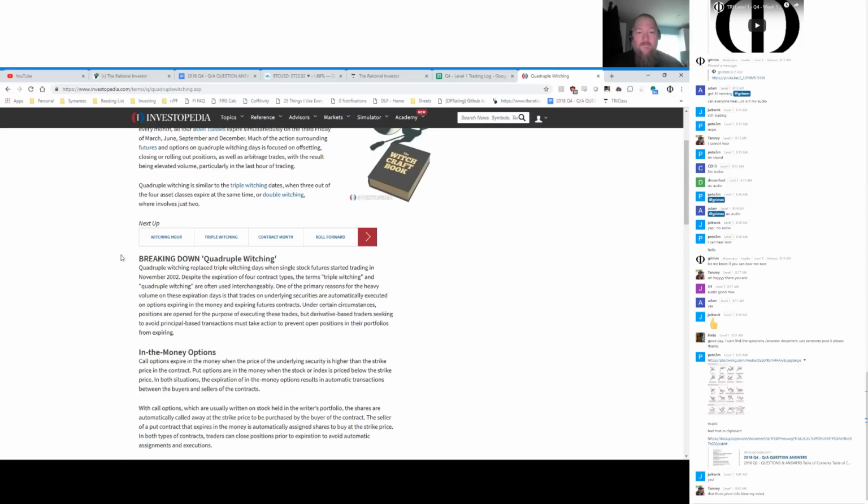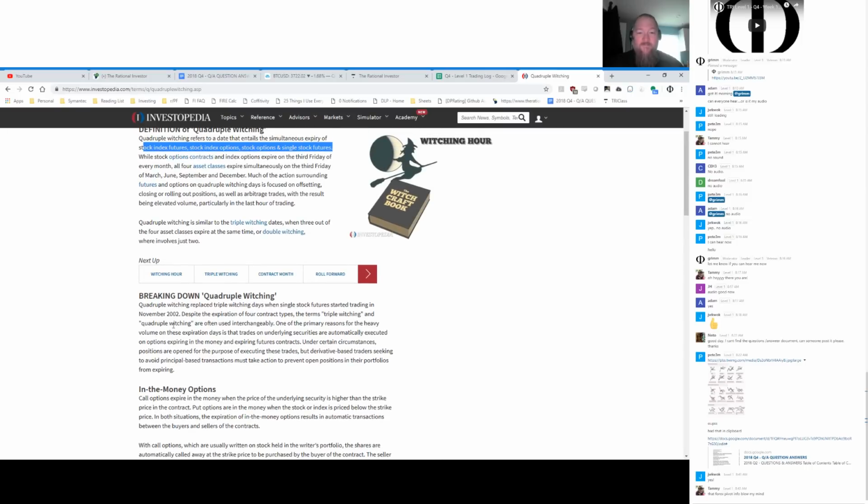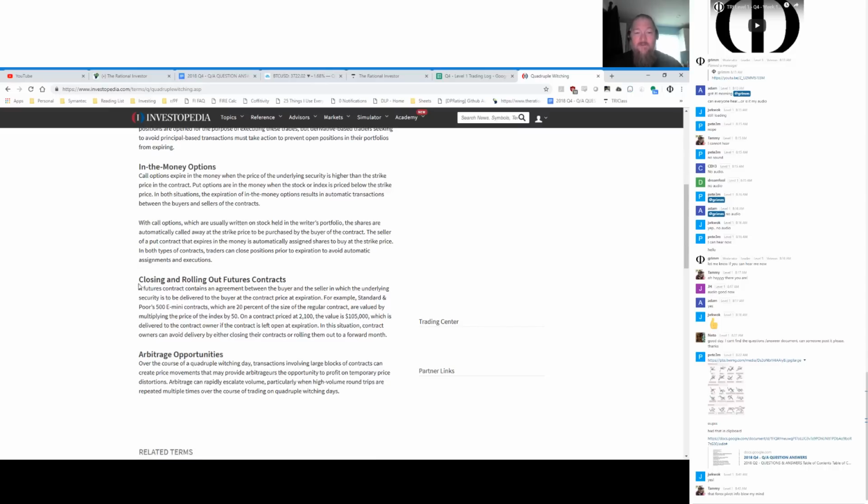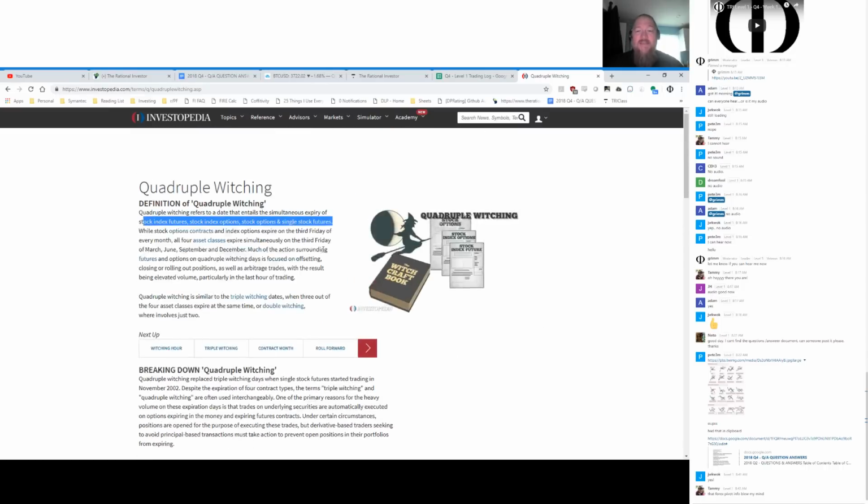This occurs with fairly regularity, so we know when it's going to happen. But events like that are extremely high liquidity. You can search on Investopedia and see the quadruple witchings.